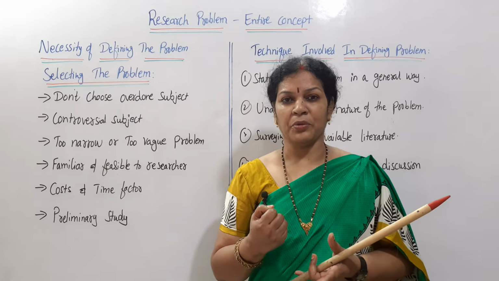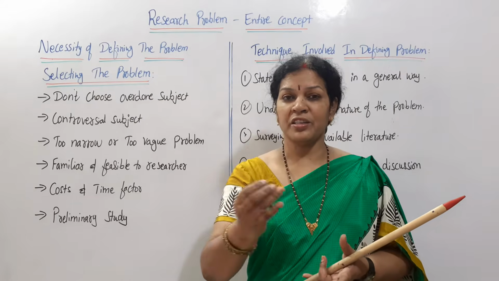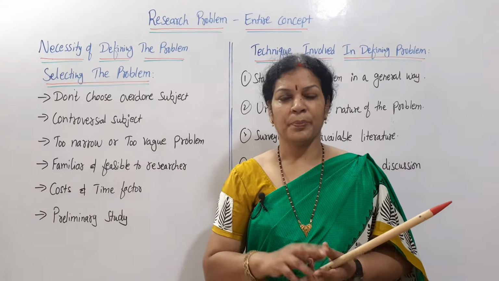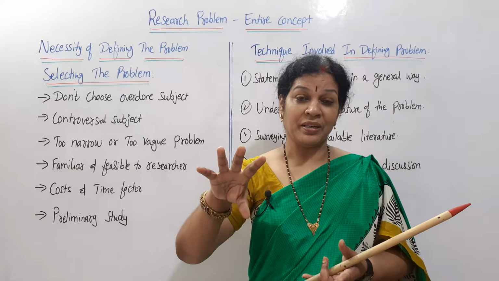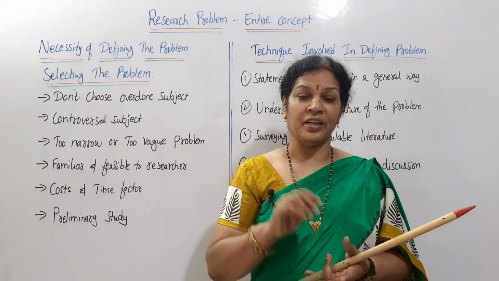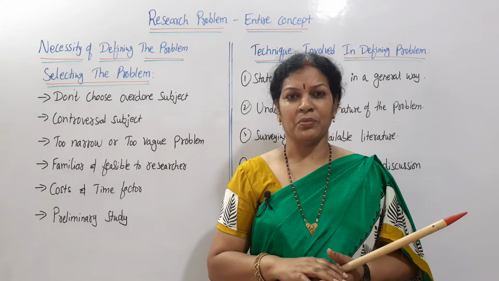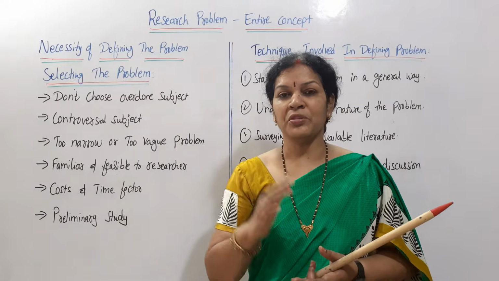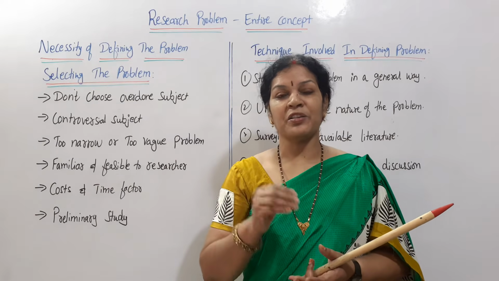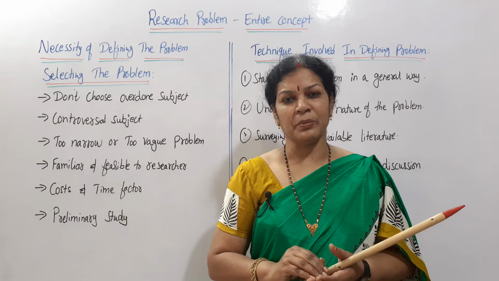Review of literature you have to do. And let us take another problem, productivity. Productivity of Japan is more than India. How? This is your problem. For that, what do you need to do? You have to study a lot. Productivity means what kind of productivity?